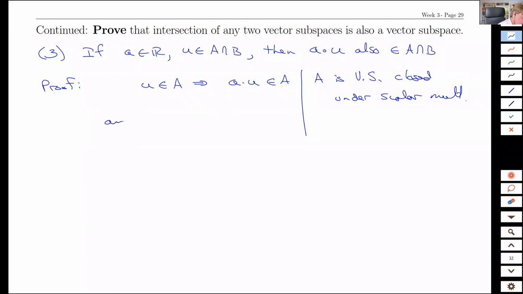And u is an element of B, u again, tells us that a times u is also in B, because B is a vector subspace. And that means that a times u is also in A intersect B.